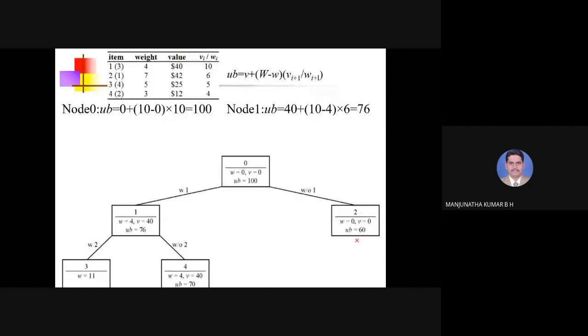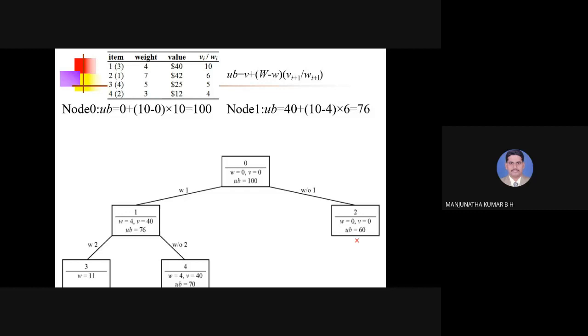One is placing item 1 in the knapsack, or not placing the item into the knapsack. So that is W1, which means with item 1, and WO1 means without item 1. W1 means I am going to place item 1 into the knapsack, and the next choice is without 1. Suppose you are not placing the first item into the knapsack, what is the child node?